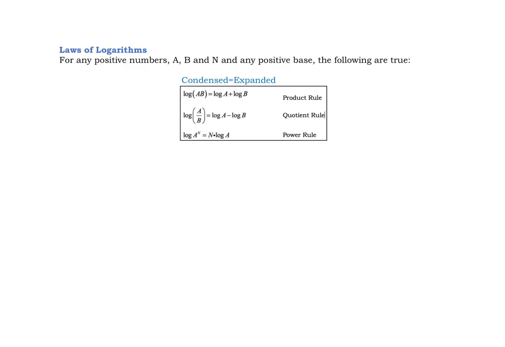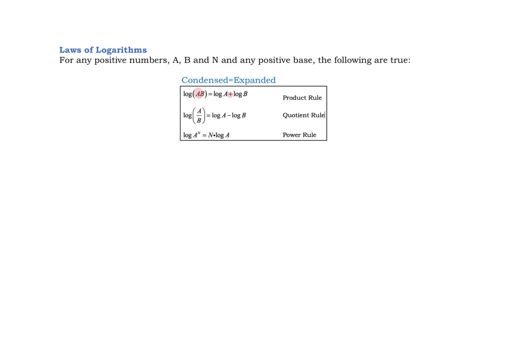Okay, now some important skills that we have to remember are how to expand or condense these logarithmic expressions. And these are the rules. Based on our exponent rules, when I have an argument that I am multiplying, I separate it with addition.